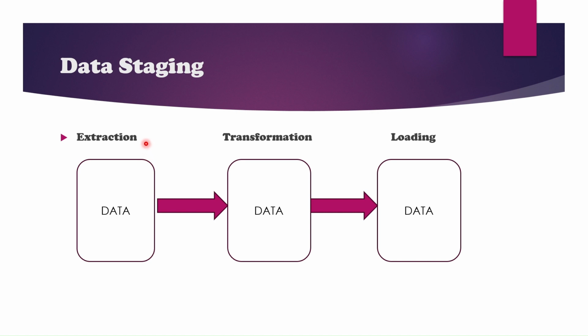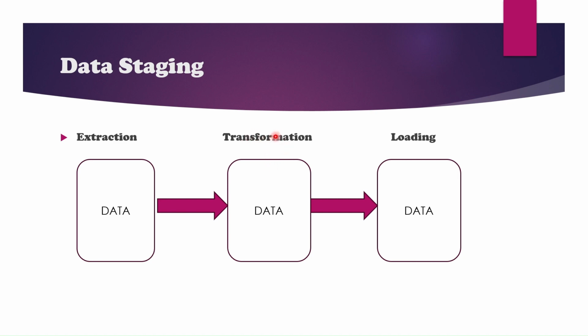Once the data is extracted, then it goes through transformations. In these transformations, we do the cleansing activities. Cleansing activities means removing unwanted data, and also correcting misspellings in the data, and also checking duplicate data, that is, one record occurring two times.